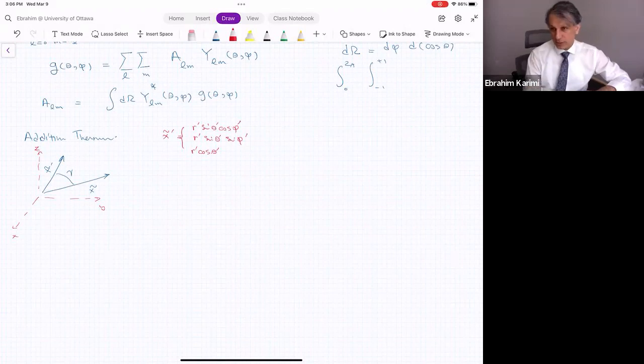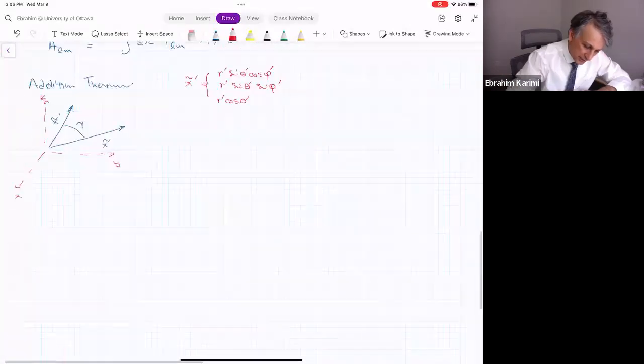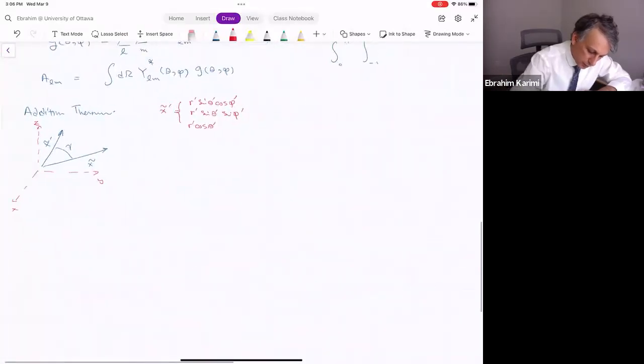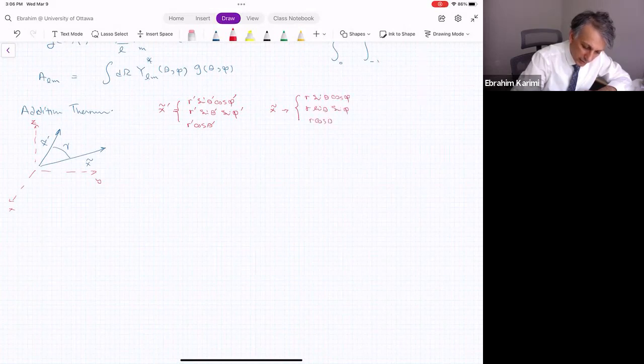This is the vector in the Cartesian coordinates, but expanded in terms of spherical coordinate parameters. All right. So what's going on with x? Exactly in the same fashion, you can write them down as r sine of theta cosine of phi, r sine of theta sine of phi, and r cosine of theta.